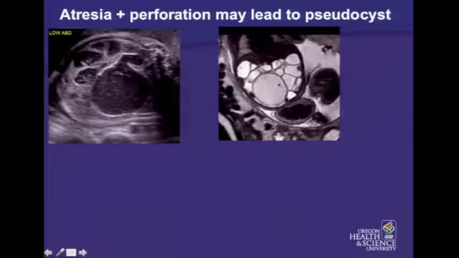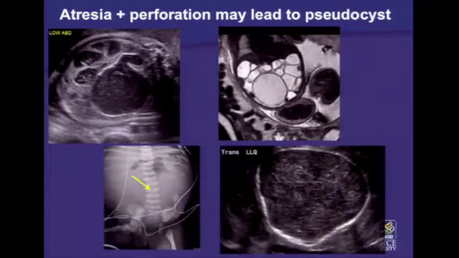It has a different signal intensity on T2 weighted MR from the fluid in the small bowel. And after the baby was born, this was shown to be a pseudocyst. So we could see rim-like calcification on the X-ray of the newborn, and ultrasound shows this echogenic calcified wall and fluid within. So pseudocyst and ascites is a complication of these atresias.